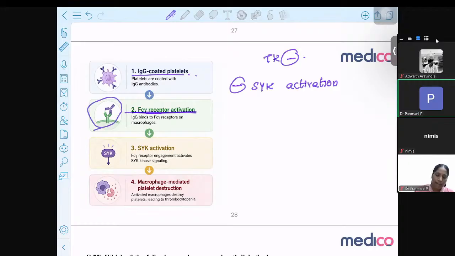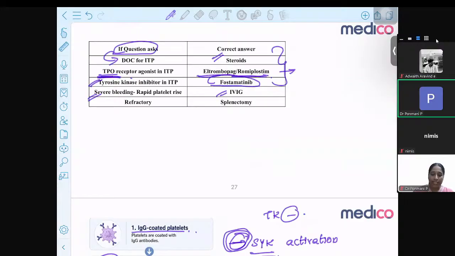Once it binds, it activates spleen tyrosine kinase, which is called SYK. And this is responsible for destruction. Fostamatinib is going to inhibit specifically the spleen tyrosine kinase. Okay, so this is the mechanism by which fostamatinib acts.